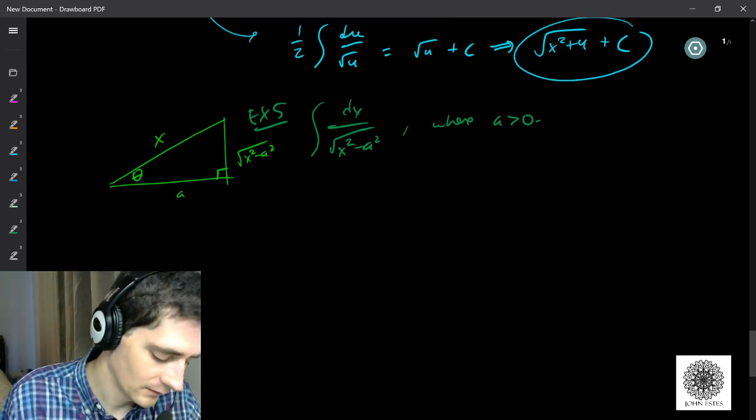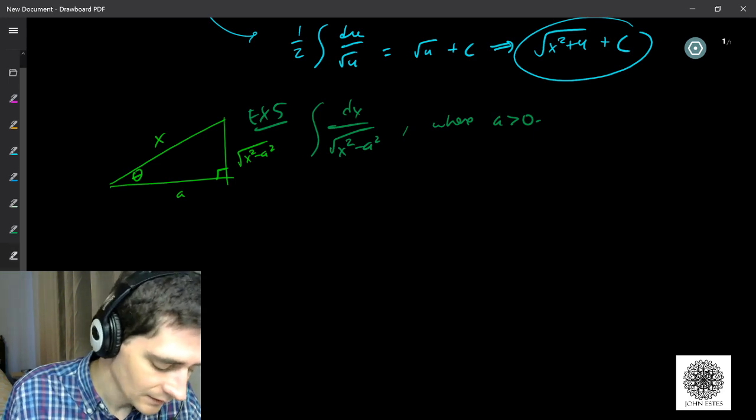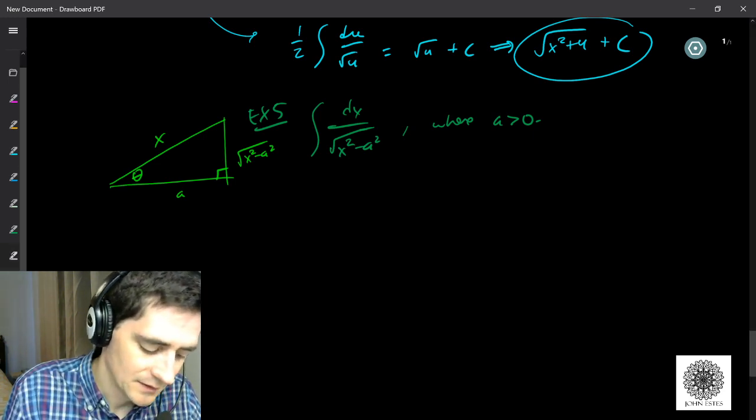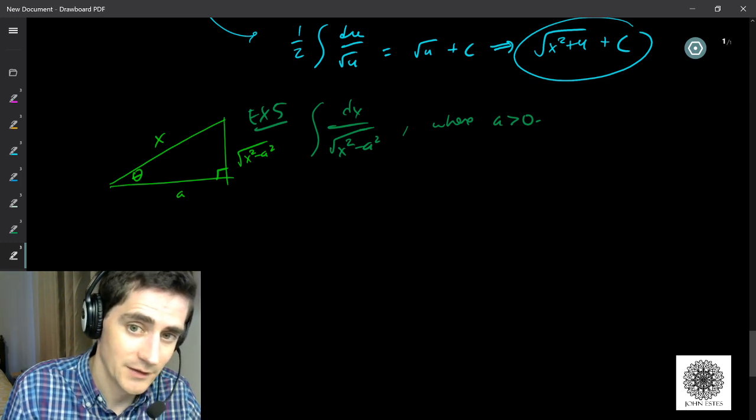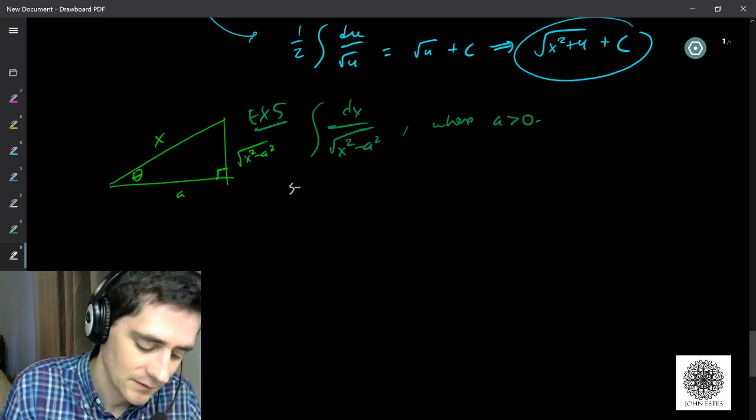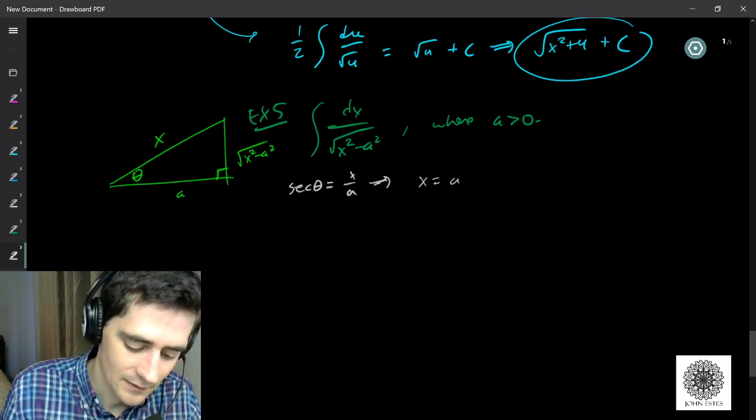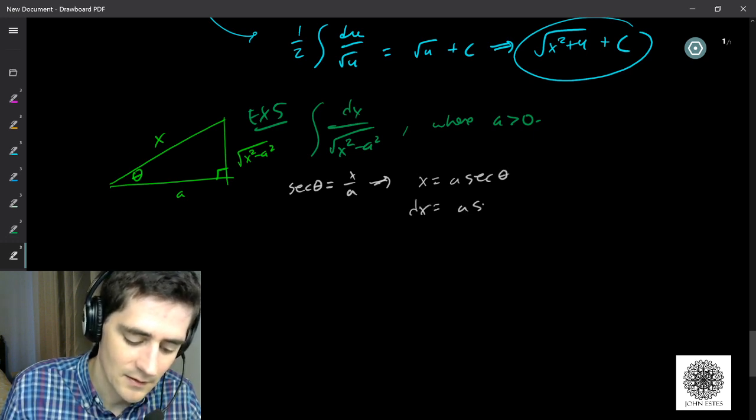And now look, in doing so, hypotenuse over adjacent, that is secant. Secant theta is x over a, okay, which means x is a secant theta, and dx is going to be a secant theta tangent theta d theta.